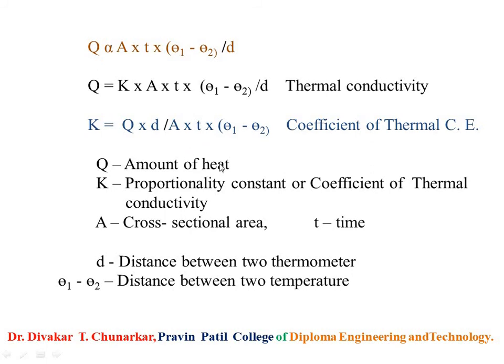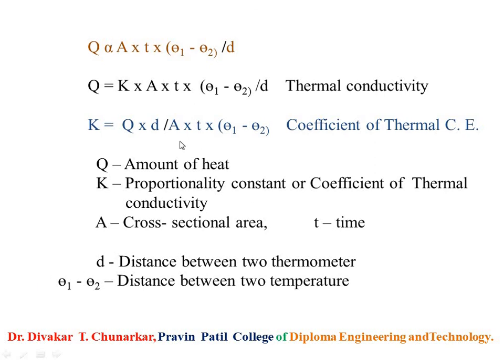Here Q is the amount of heat, K is the proportionality constant or coefficient of thermal conductivity, A is the cross-sectional area, T is the time, D is the distance between two thermometers, and theta 1 minus theta 2 is the difference between two temperatures. So this is the explanation of each and every parameter.